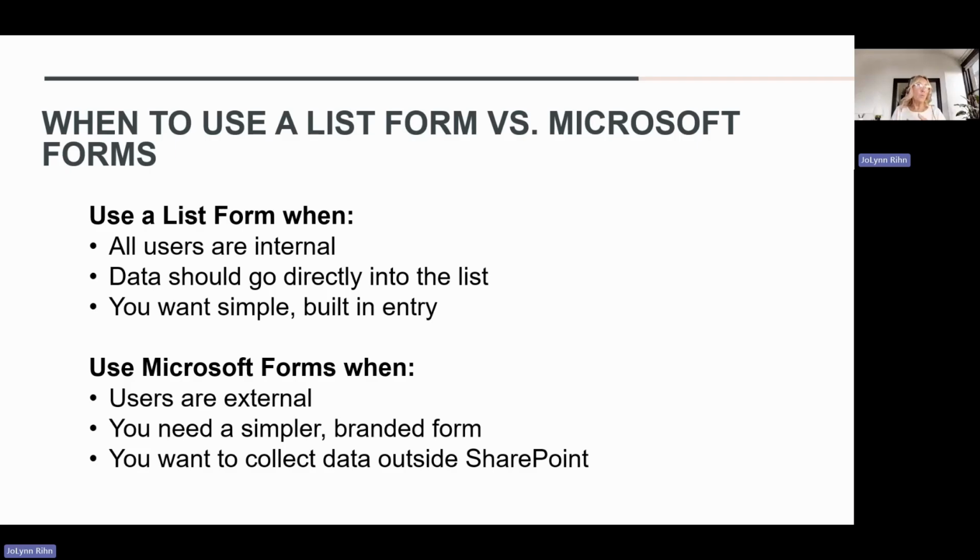So with list forms, the entries that people make in the form are going to automatically go into the list. We don't have to develop a form and create a list. We create it all at one time, and that's going to be recommended. A Microsoft form can be used with external people. So if you're going to have a form that's being used externally, you might need to go that route.